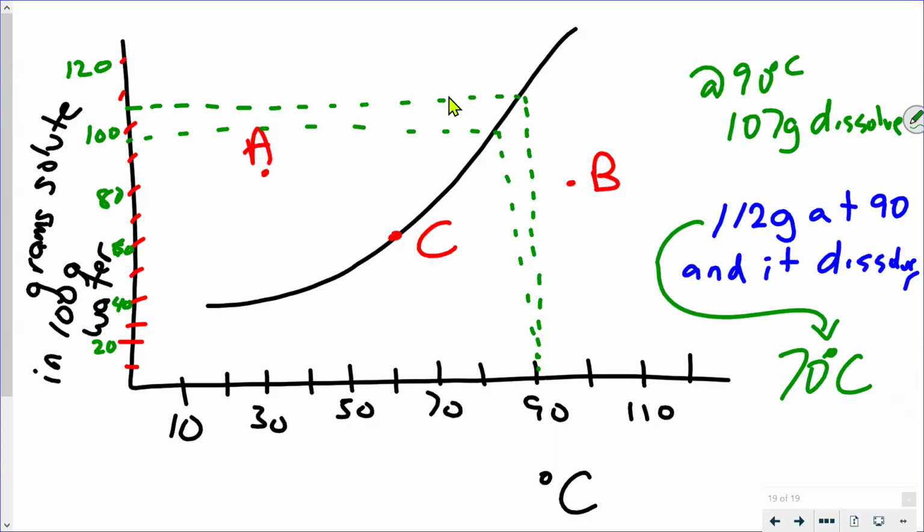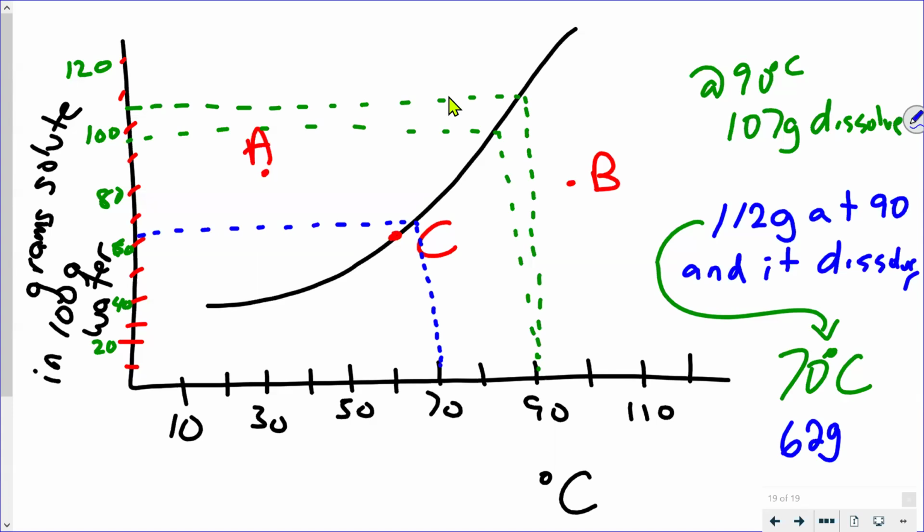So I go to 70 degrees, go up straight, and read over. At 70 degrees, how many grams would I have? A little more than 60, probably like 62 grams.